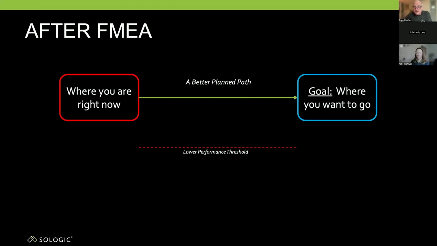I have no idea how my words are registering in Katie or Michelle right now. But I know that if they're going to be successful, they have to walk into one of these FMEAs with some sort of a mental framework that they can hang everything they're going to learn onto.